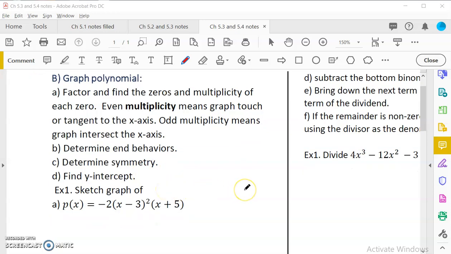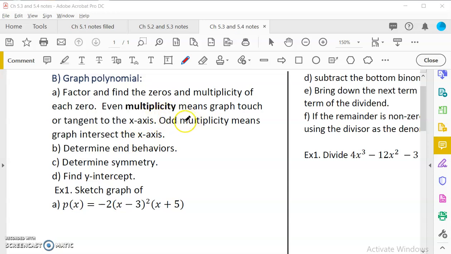If it is an even multiplicity, like x minus 2 squared, or x minus 3 squared, or to the 4th power, then that particular zero only touches or is tangent to the x-axis. It will not pass through. It's bending, it's turning on the x-axis. It's a turning point. If it is an odd multiplicity, the graph will intersect the x-axis. It would go through it.